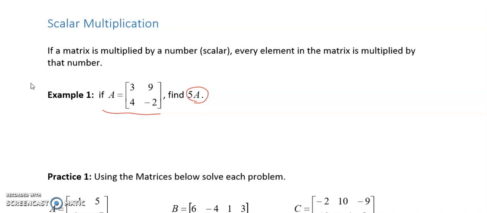So, for example, 5A would be equal to, well, just take each one of these elements in this matrix A, multiply it by 5, and you would end up with, well, 3 times 5 is 15. 9 times 5, 45. And 4 times 5 is 20. And negative 2 times 5 would give you negative 10.